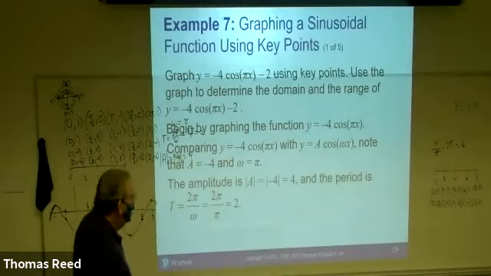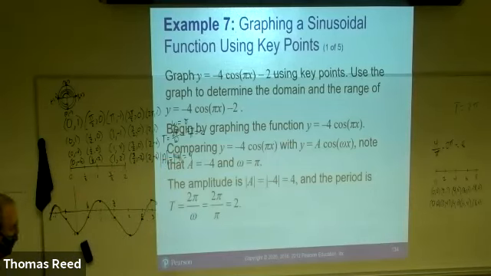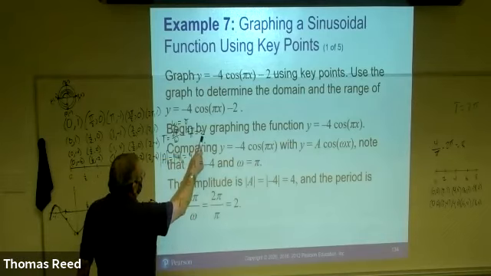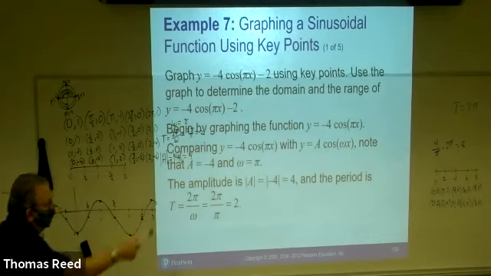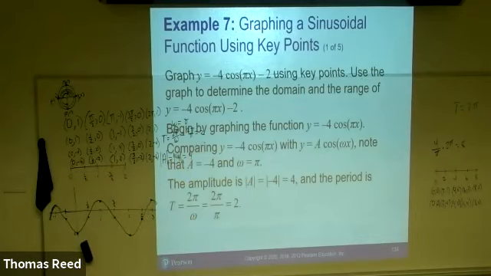So the amplitude is 4, and the period is 2, which is what we got. I always look to see what the period is first and then the amplitude. But the amplitude is kind of trivial to find.